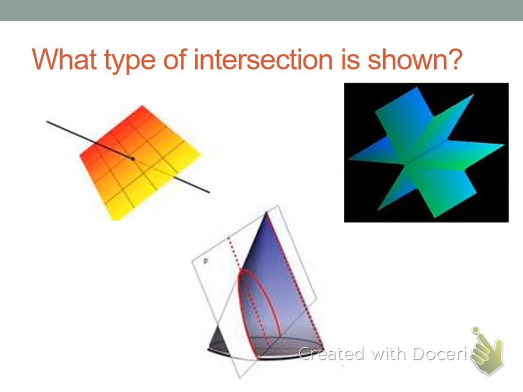All right, what type of intersection is shown? That question's a little bit vague, but we'll talk about what is intersecting and kind of where they intersect. So for this first one, what type of objects do they show intersecting? What do you think this black thing is? A line, possibly a segment.